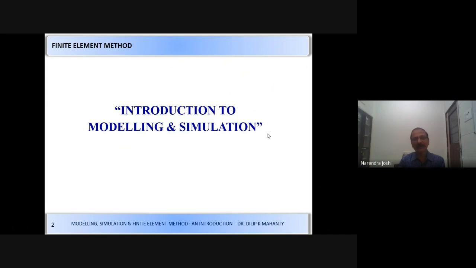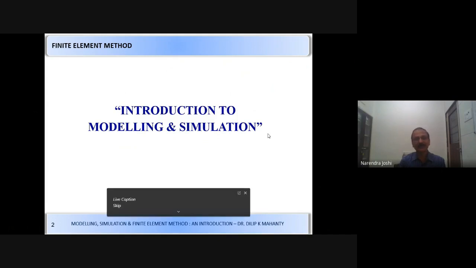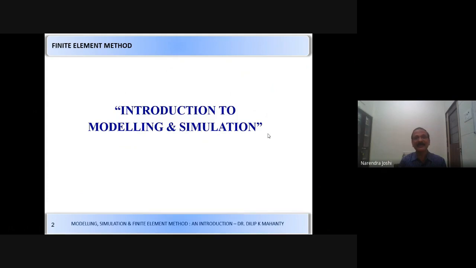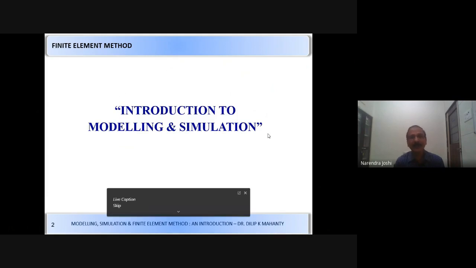It may be from the non-engineering core sector also. When you try to understand how a system works and how to develop new products, the basic understanding of modeling and simulation and fundamental methods, especially for engineering fields, is very important in today's world.